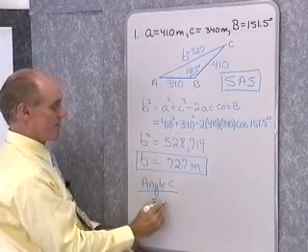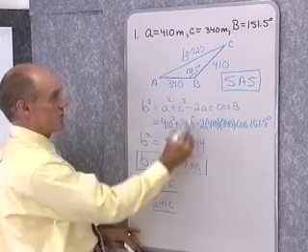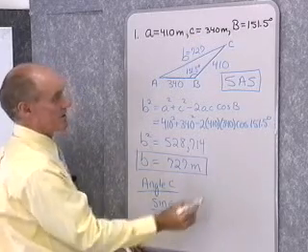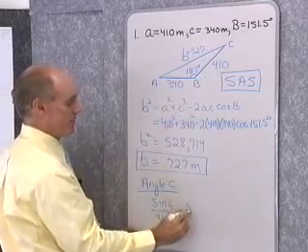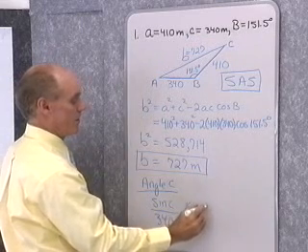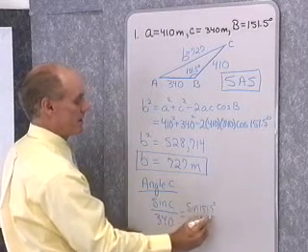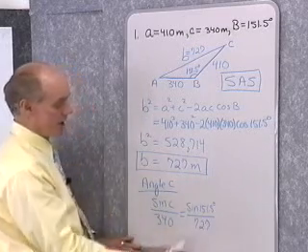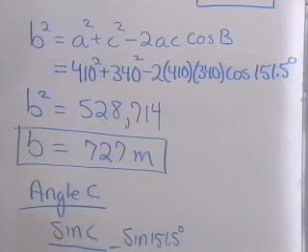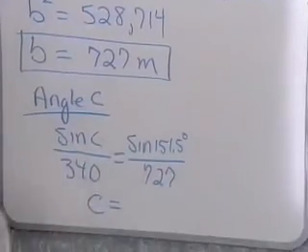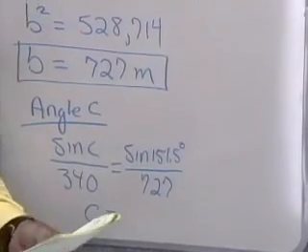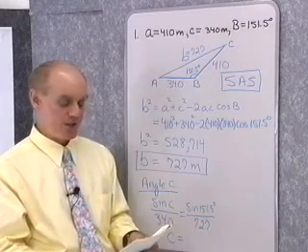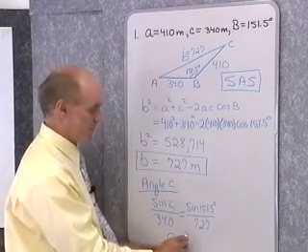The sine of C is to the side opposite, 340, as the sine of B, 151.5 degrees, is to the side opposite, 727. Now when I do this solution process and solve for C, I'll get first of all sine C, and then from sine C, using my inverse sine button on the calculator, I end up with C equal 12.9 degrees.